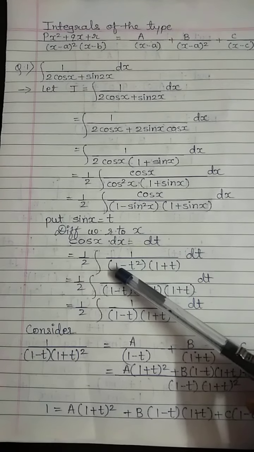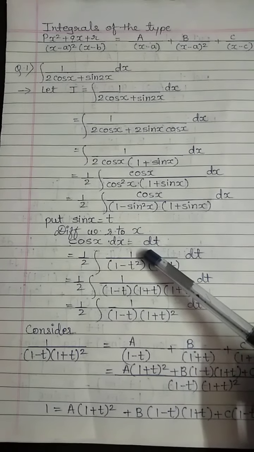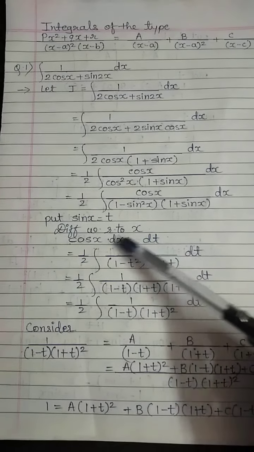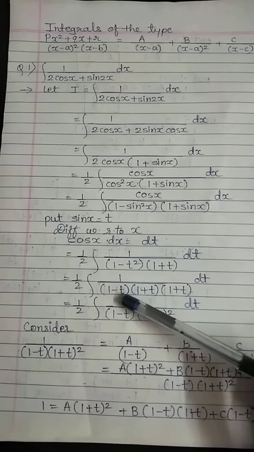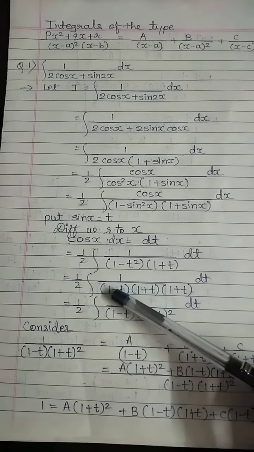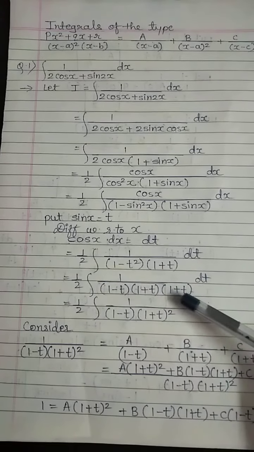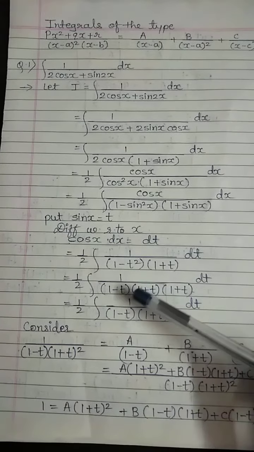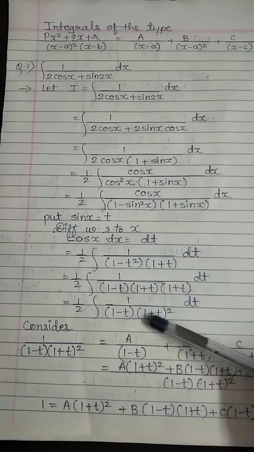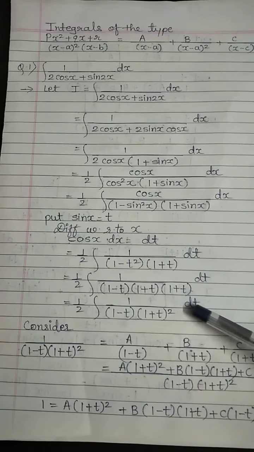Now this is in the form of a² − b². So by using the formula of (a − b)(a + b), we can write the above term as 1 by 2 integration of 1 upon (1 − t)(1 + t)(1 + t) dt. Now here 1 + t is repeated, so we can write (1 + t) whole square.